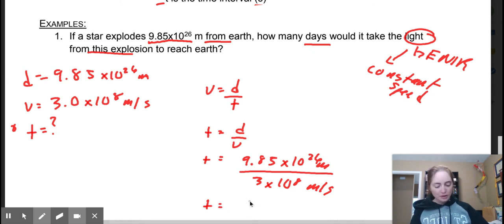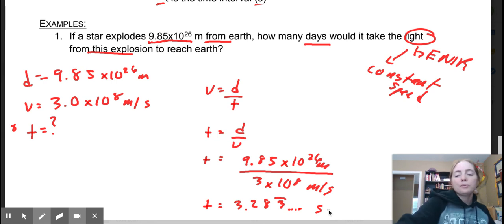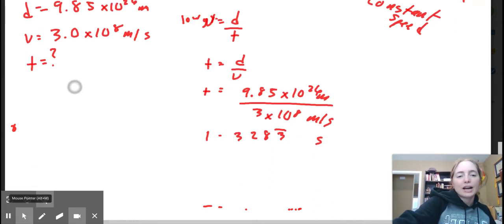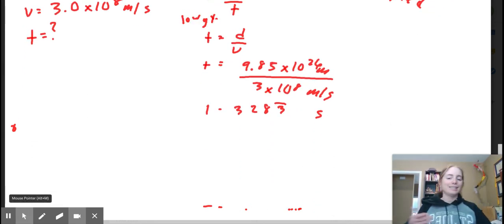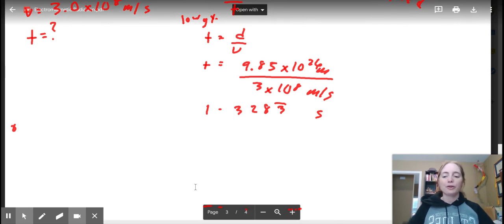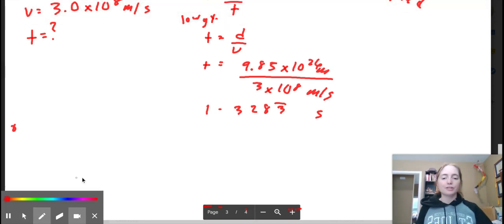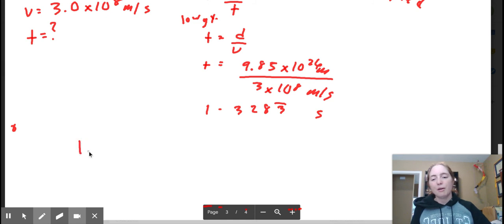Okay, so we're going to get this time in seconds. So 3.283 repeating seconds. So because the question asked us for our units in days, we are going to need to now convert our units. So let's do some unit analysis.